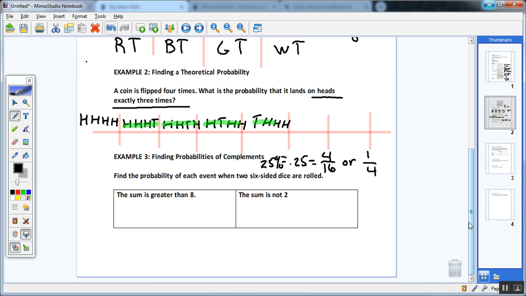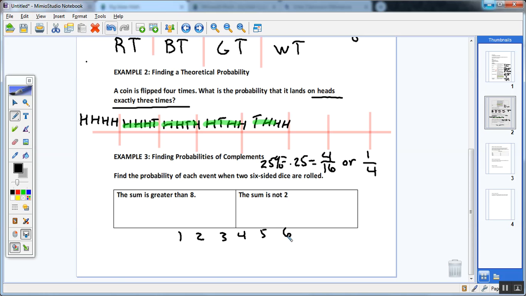Find the probability of each event when 2 what, kids? Okay, I think we should do this, kids. I think we should make a little chart down at the bottom. I'm going to number like this: 1, 2, 3, 4, 5, and 6. I don't know if I'm going to be able to squeeze that in down here.